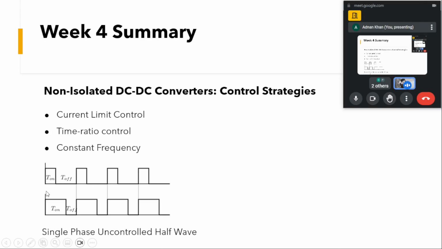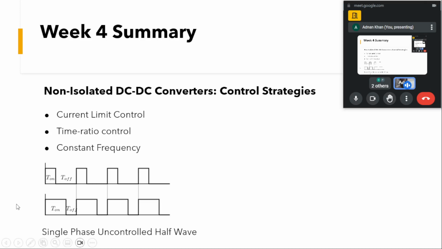Let us take a buck converter example. As we know, if we want a certain voltage at the output that is lower than the input, we need to switch on the device for a certain amount of time. Let us say we have a 100-volt input and we want 50 volts at the output. At that moment, we will switch at 50% time.